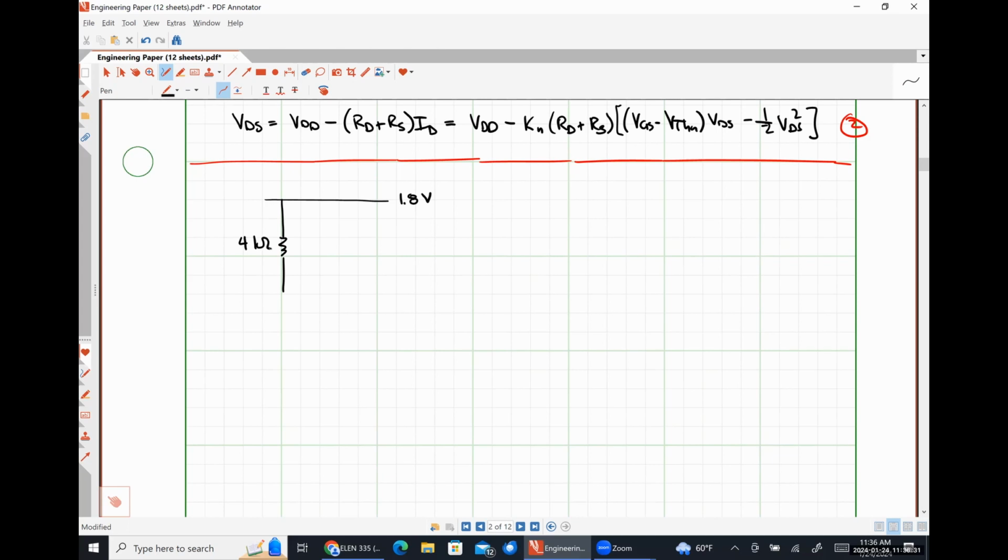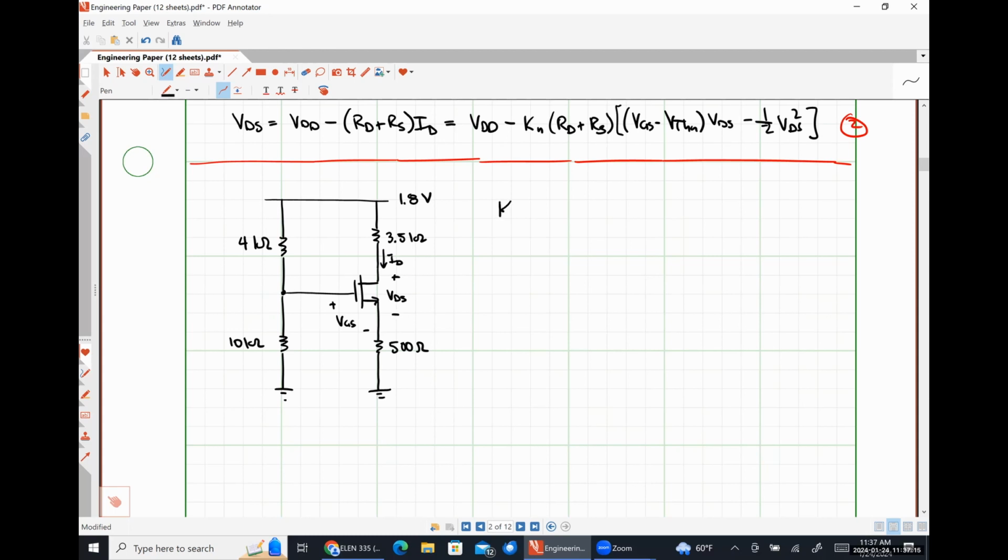Here we have a 4 kilo ohm resistor, a 3.5 kilo ohm resistor, a 500 ohm resistor, a 10 kilo ohm resistor, here's VGS, ID, and VDS.